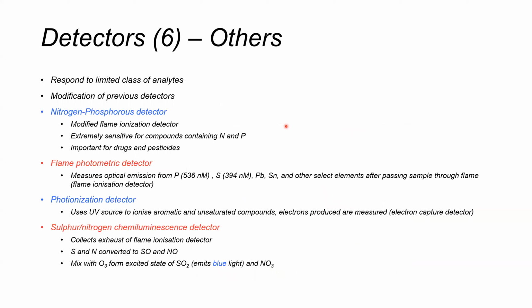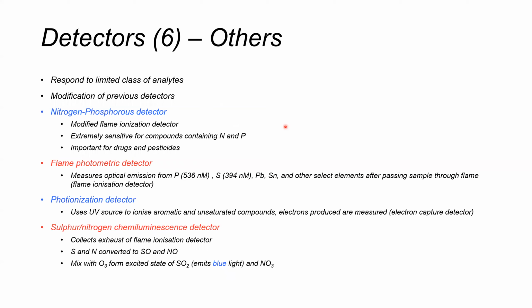So other detectors also exist, and these are typically for particular elements that you're interested in finding. So they respond to a limited class of analytes. There are modifications, usually, of previous detectors that we've seen. So a nitrogen phosphorus detector is a modified flame ionization detector, so that is extremely sensitive to compounds containing nitrogen and phosphorus, and these are important for drugs and pesticides.